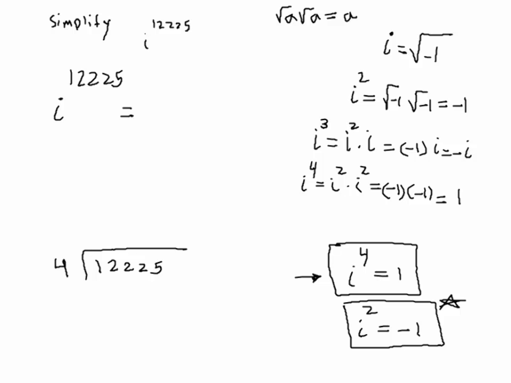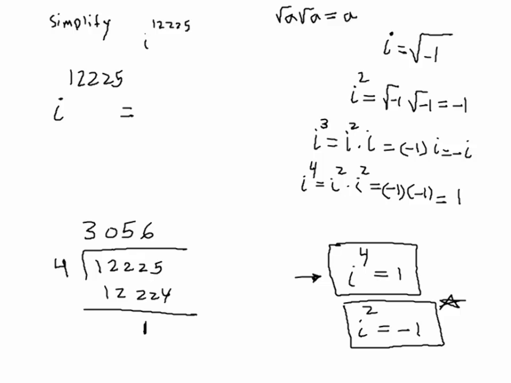So 3,056 times 4 gives me 12,224. So what would be the remainder, anyone? 1, right? The remainder would be equal to 1.